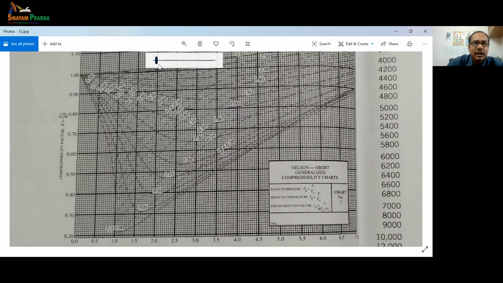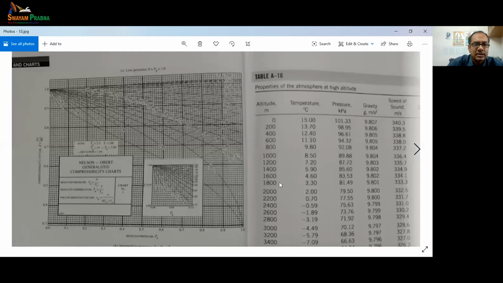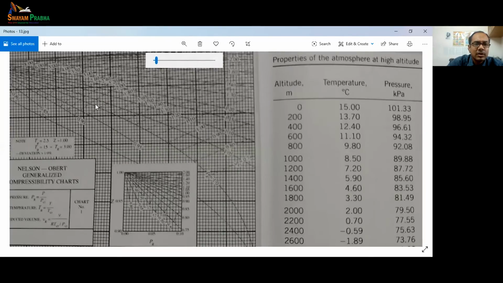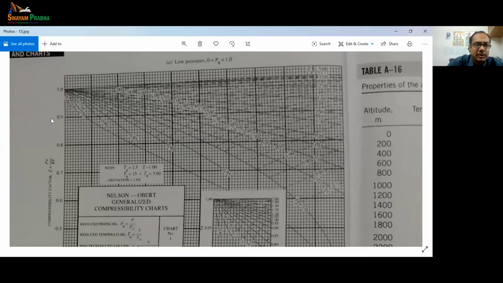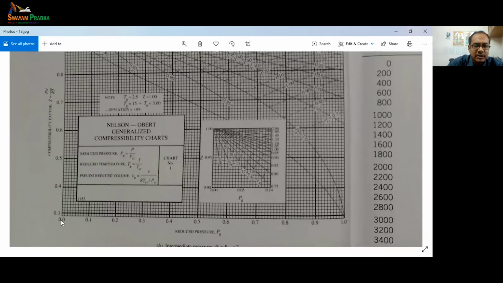And there is a slightly zoomed version for this also. Let me see if we have that. Yes. Here, the same chart, we have zoomed a little bit around this particular corner, the origin. So this is PR from 0 to 1.